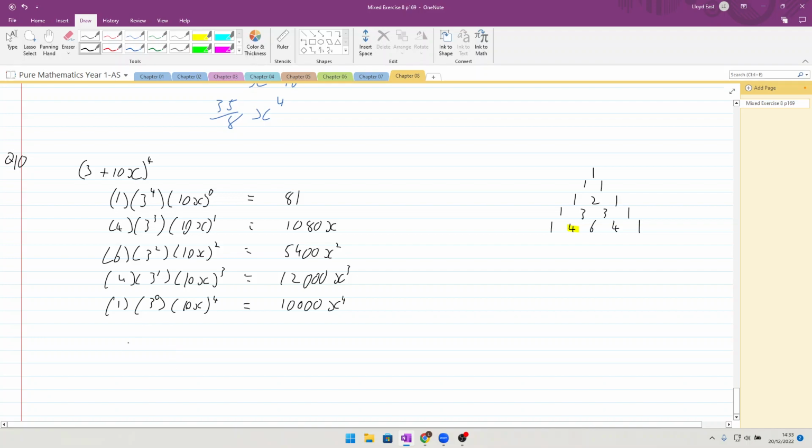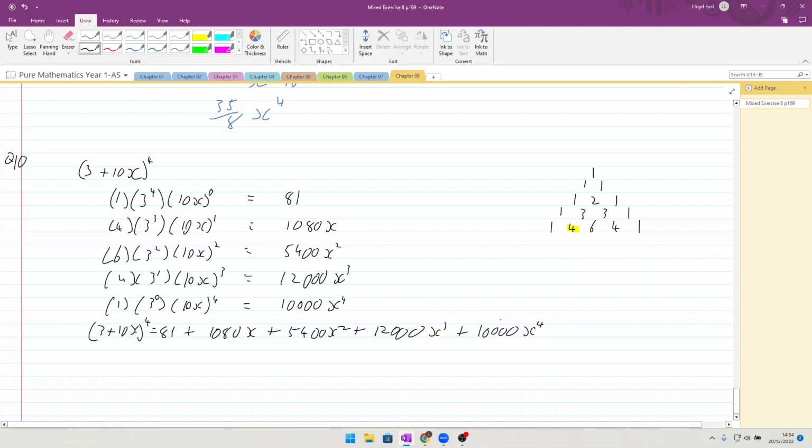Okay, so basically (3 + 10x) to the 4 is equal to 81 plus 1080x plus 5400x squared plus 12,000x cubed plus 10,000x to the 4.